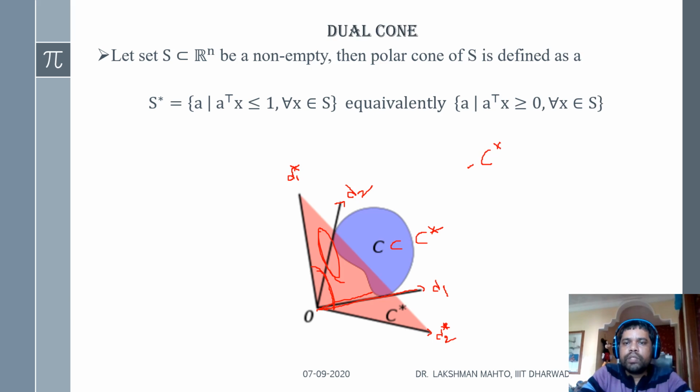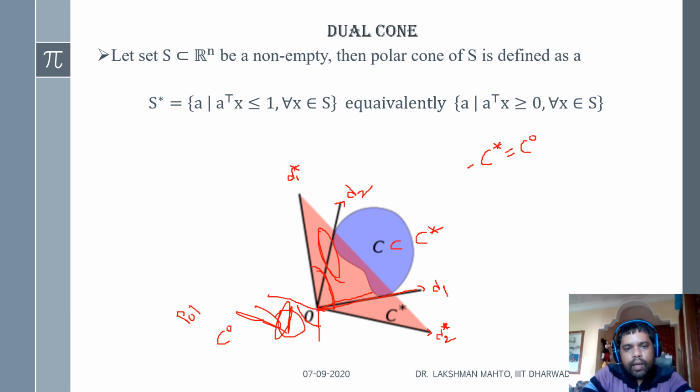One more important concept: what happens if you define the negative of the dual cone? What is the name of this? We call it the polar cone. How can you get it? Just extend it this way. This complete cone structure is the negative of K star, or the negative of C star, or simply C naught.